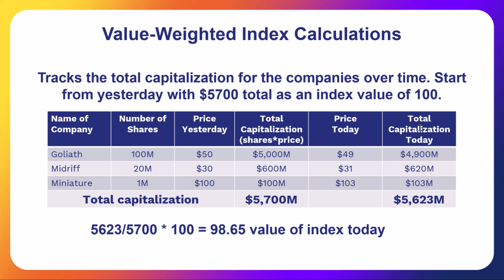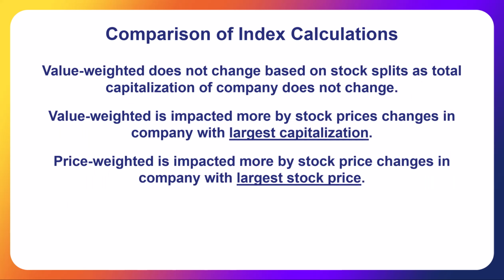When these prices changed, total capitalization changed. So now we find the difference. It went from 5,623 to 5,700. Multiply that by 100 and it gives us an index value today of 98.65. It's less than 100, so that tells us that the index is going down.